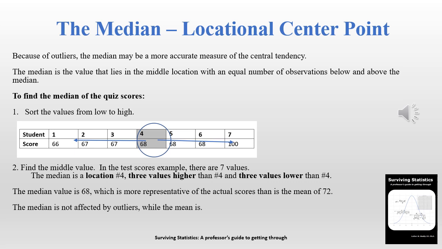Using this example, we would say that the median score is 68. And that's much more representative of the actual average score than the 72 that we computed with the mean. It's not nearly as affected by outliers. Again, the median location is just a location and then the value related to that location.